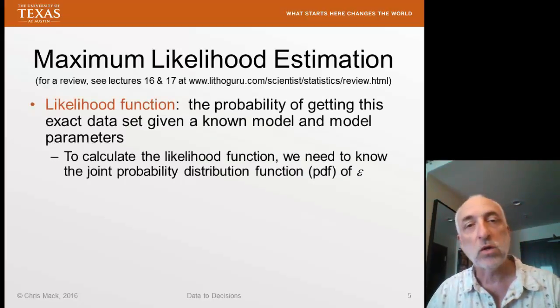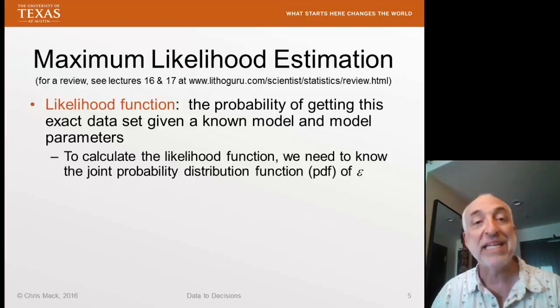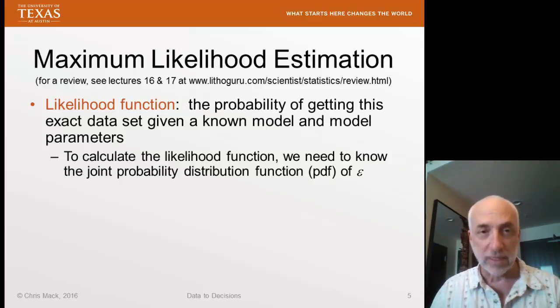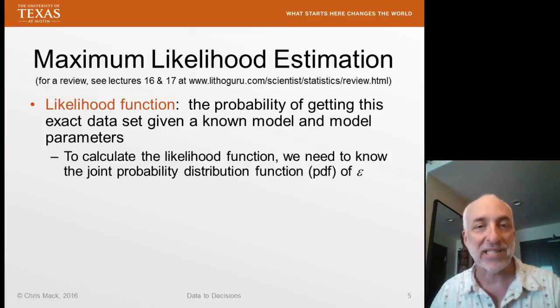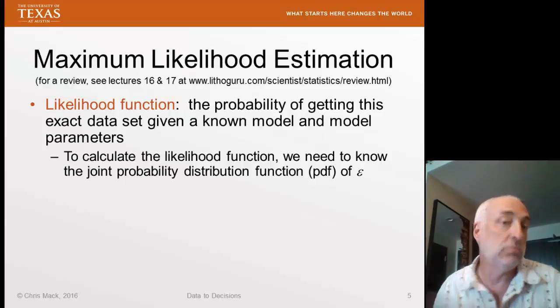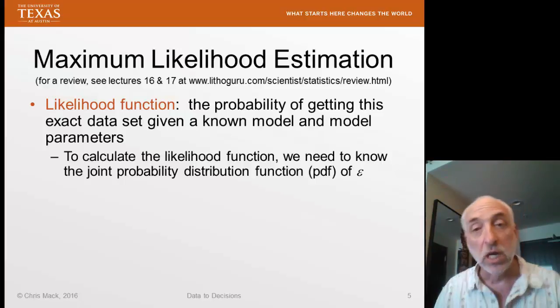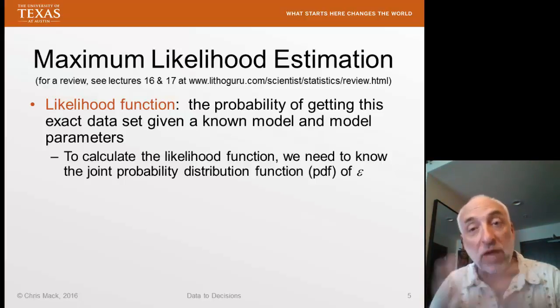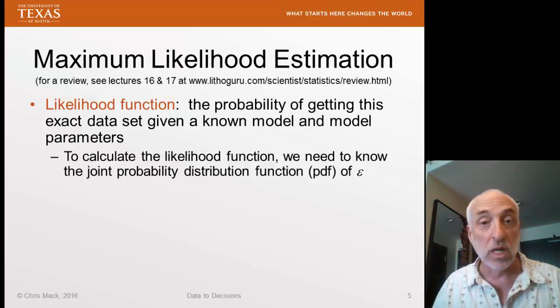But maximum likelihood estimation begins by defining a likelihood function. A likelihood function is just this: the probability that we would get this exact set of data, given that we have a model and certain model parameters. So I've got a model that accurately describes what's really going on.